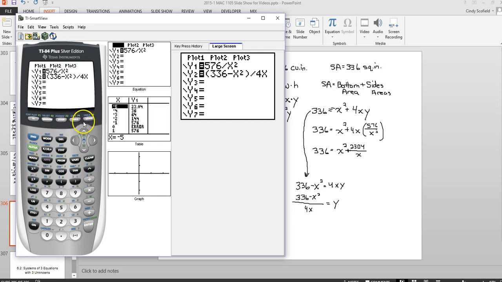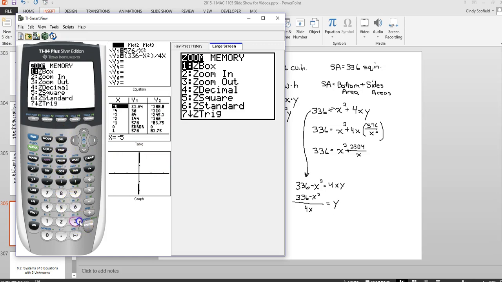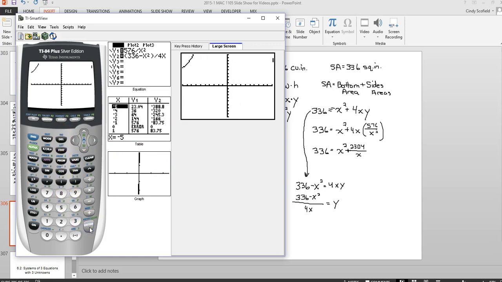These got some crazy numbers here, so I don't think it's going to appear right on this little grid. I think I'm going to have to zoom out some. I should zoom out probably quite a bit. Times 3, zoom out. Okay, I'm not seeing it yet. Okay, zoom out.